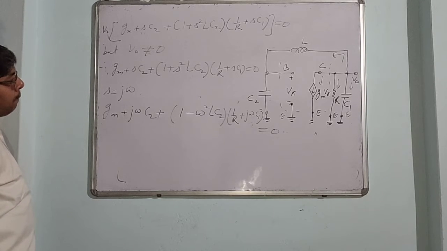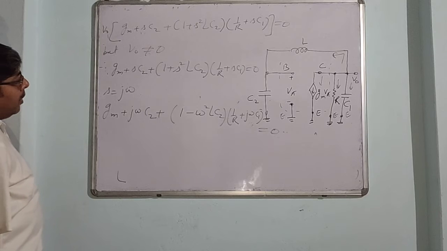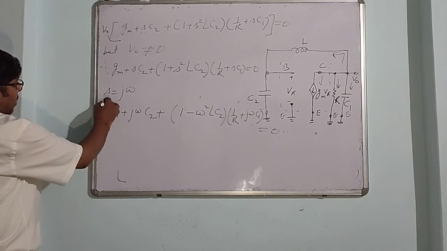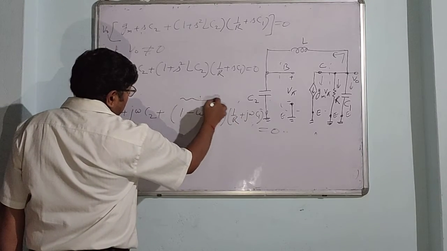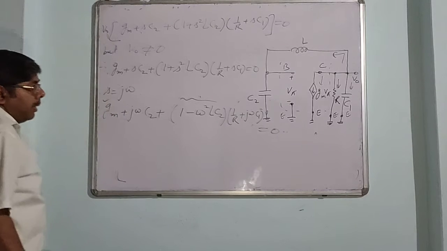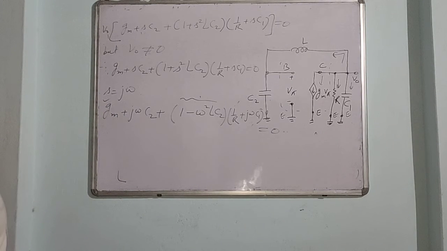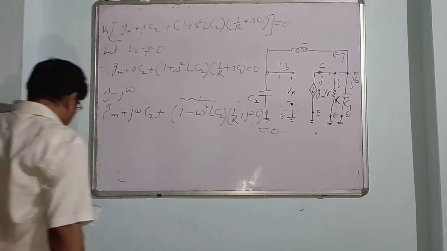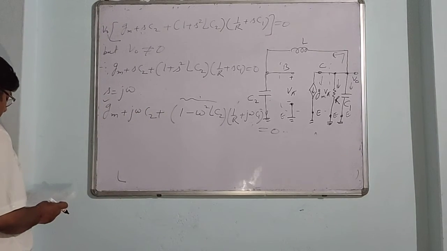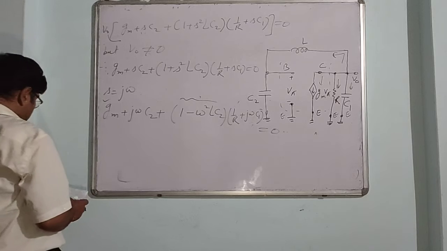So what are the different parts? This is the real part, and you will multiply this. So this into 1 by R is the real part, and this term will give you the imaginary part. First we are writing the real parts.